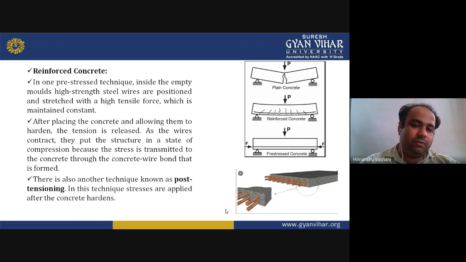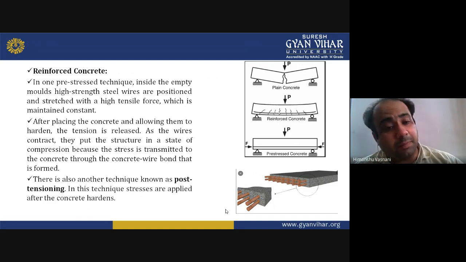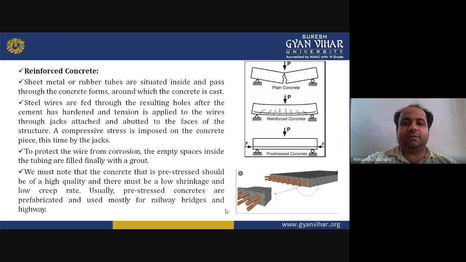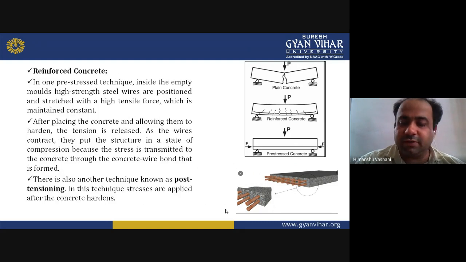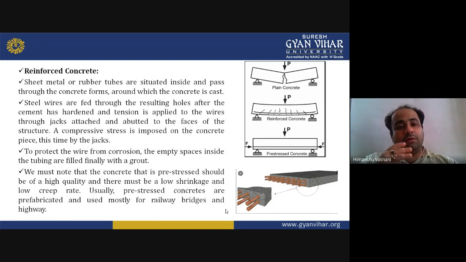There is also another technique known as post-tensioning. In this technique, stresses are applied after the concrete hardens. Sheet metal or rubber tubes are situated inside and pass through the concrete forms around which the concrete is cast.